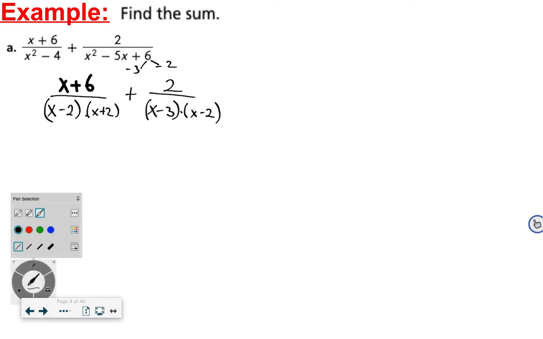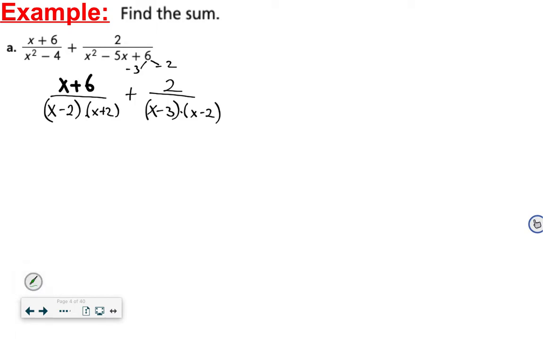Now, to be able to add or subtract these two rational expressions, you have to make sure that the denominators are equal to each other. When you look at the first fraction denominator, what is the missing expression when you compare with the second denominator? x minus 3 is missing in the first denominator.